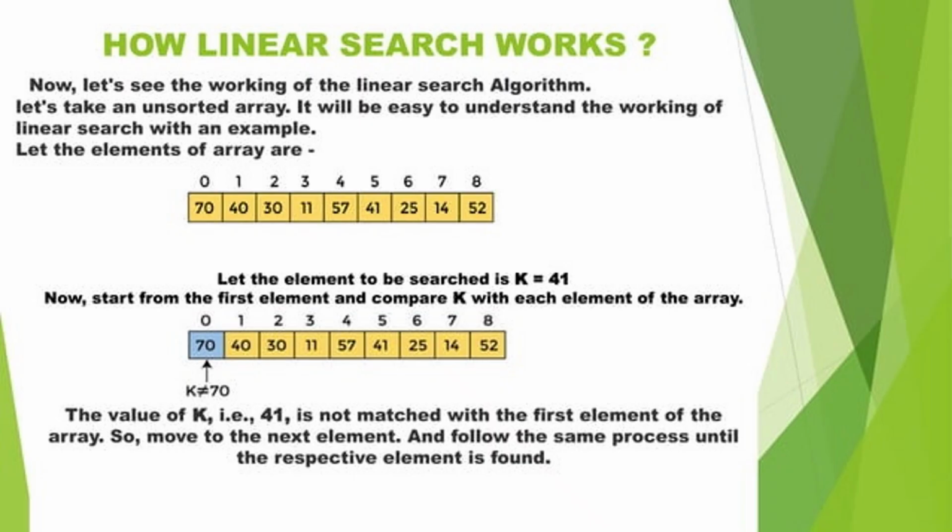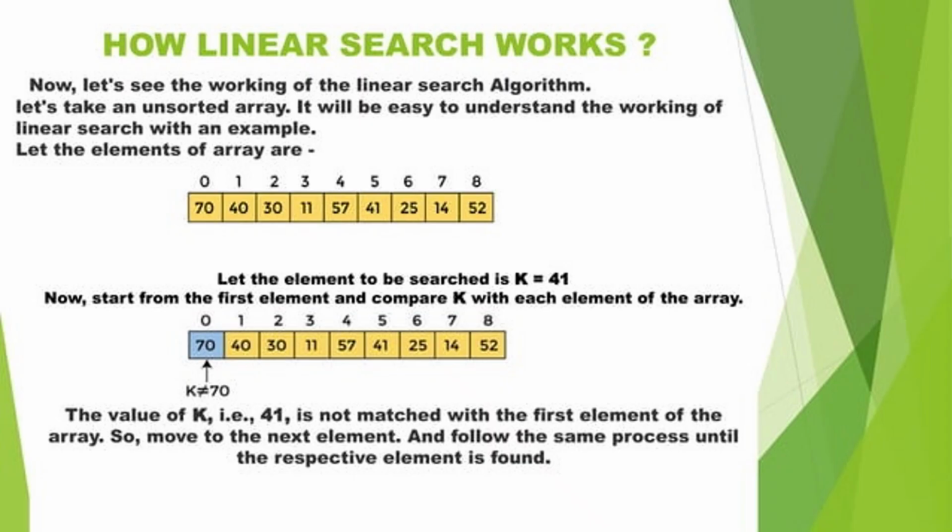So 41 should be compared starting from the first number. What is the first number, at index 0? The number is 70. So 41 and 70 are not matched. You have to move to the next number. The next number is 40. Again not matched. Now move to the next number.